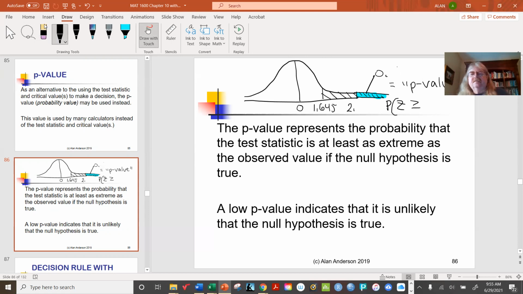That's better. All right, so I'm going to recalculate that since I goofed it up. All right, that's better. It's 0.0118.